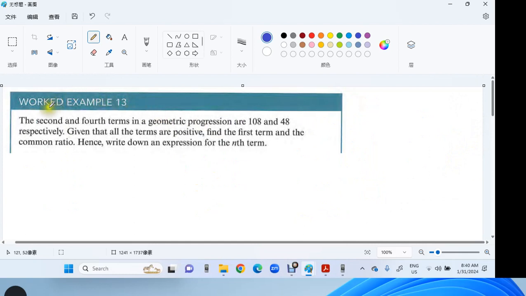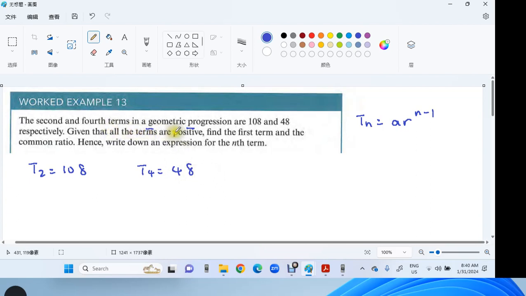Okay, worked example 13. The second and the fourth term in a GP. So this is a GP. They are 108 and 48. We know that Tn is A R power n minus 1. So T2 is 108 and T4 is 48.